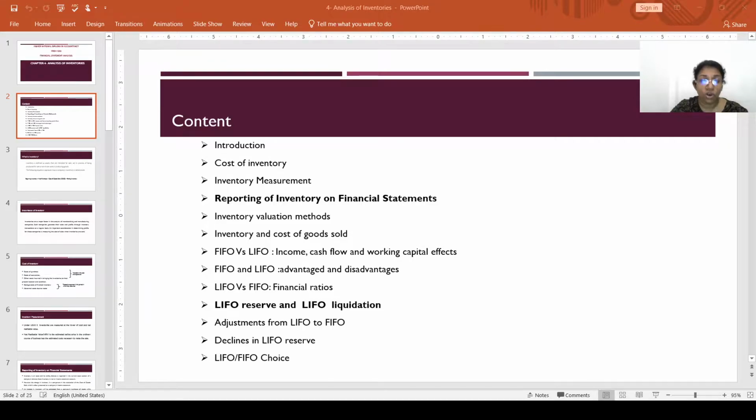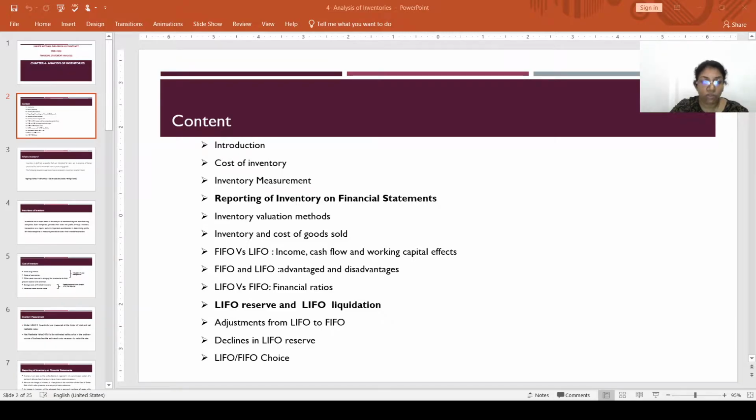and LIFO, what is the impact on the income, cash flow and working capital, what are the advantages and disadvantages of FIFO and LIFO, and how it impacts the financial ratios.